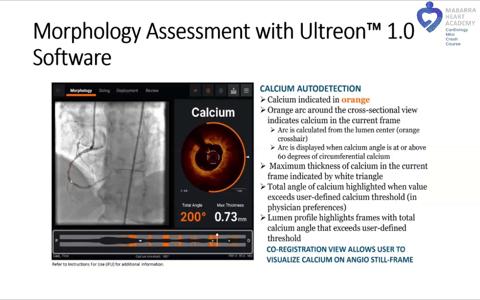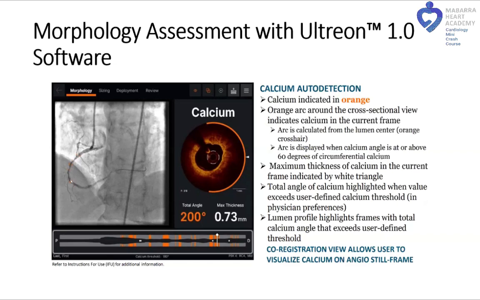As you can see, this is the OCT with the Ultreon software, and it's all automated. The calcium is indicated in orange, and you can see on the picture you have a total angle, or an arc, more than 180, so it's 200, and the maximum thickness is depicted in white, so it's around 0.73, so more than 0.5 millimeters.